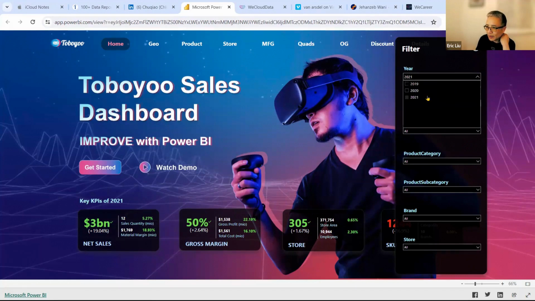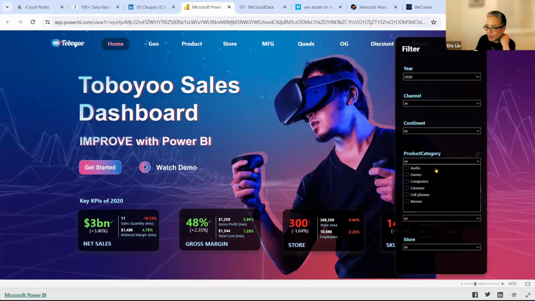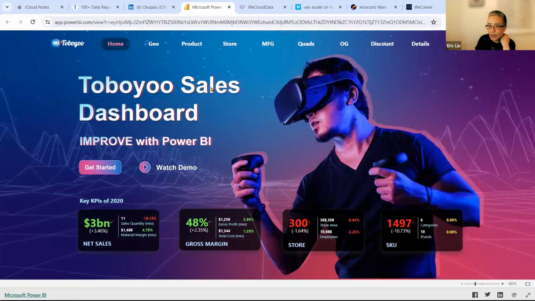So for instance, if I change to 2020, you will notice the change, right? And if I want to change to computers, you will also see the change, right? Okay. And if I go to a different page, every dimension has a page.